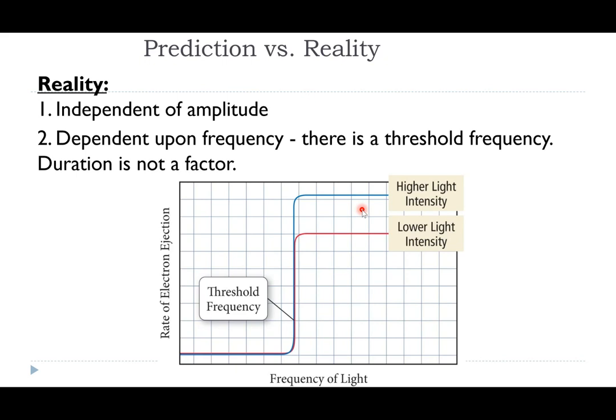So it's dependent upon frequency. Duration is also not a factor. If I'm using the wrong bat, it does not matter how long I sit there and hit that piece of metal. Those electrons are just never going to come off. So duration was not a factor. You just had to have the correct frequency, that threshold frequency.